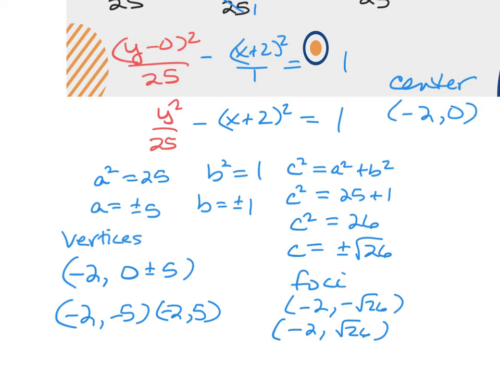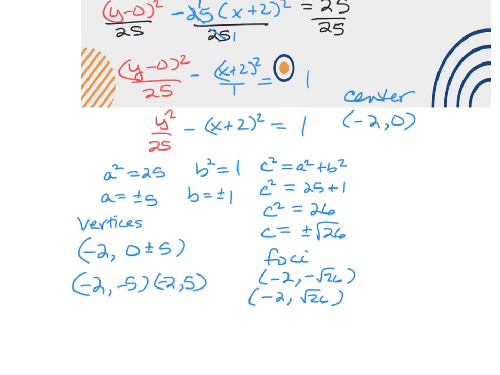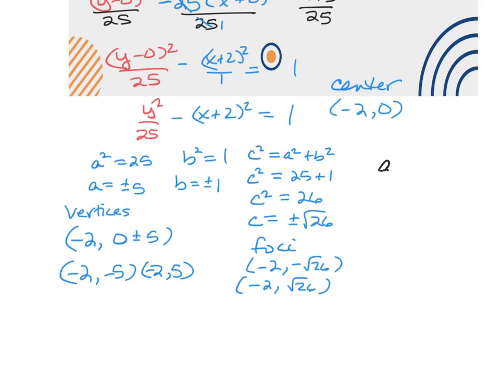Since it's a hyperbola, I also need to find the asymptote. So this one's going to be y equals k plus or minus. So since it is vertical, it's going to be a over b.